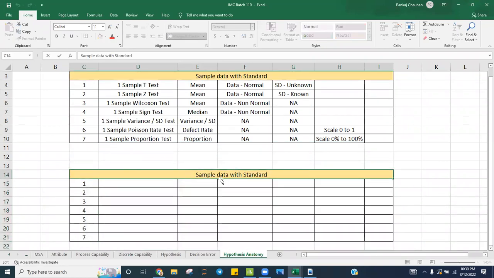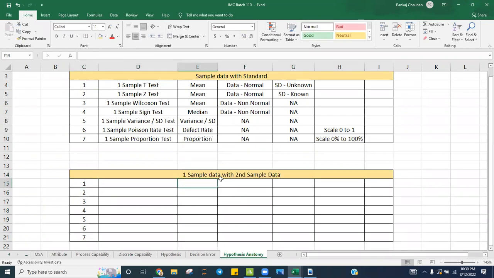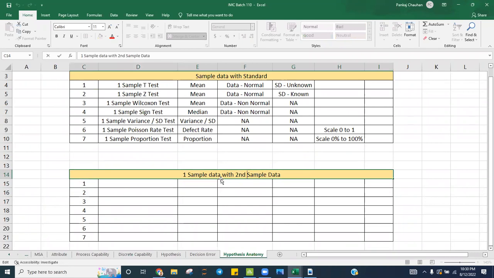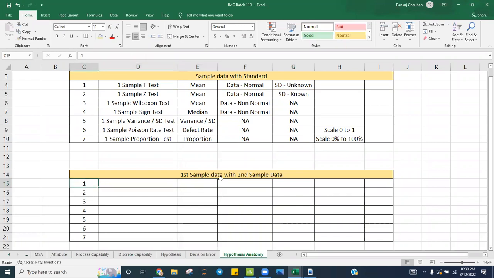So you are comparing one sample of data with a second sample of data. Here, for tests 7, 8, 9, 10, 11, 12, 13, 14, you will be using the paired t-test.